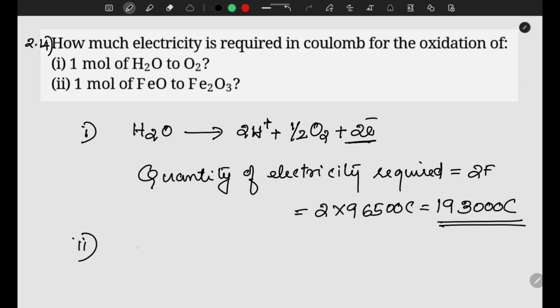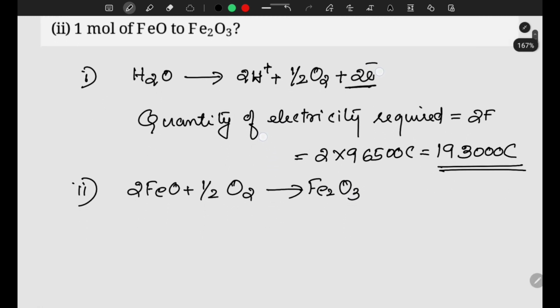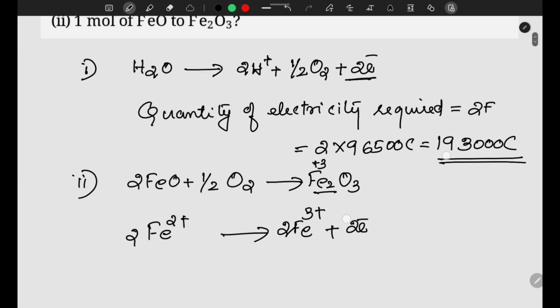Second equation, FeO to Fe2O3. That is 2FeO plus half O2 gives Fe2O3. Now let us write the ionic equation. The oxidation state of iron in FeO is +2. 2Fe2+ gives, and oxidation state of iron in Fe2O3 is +3. So 2Fe3+ plus 2 electrons.